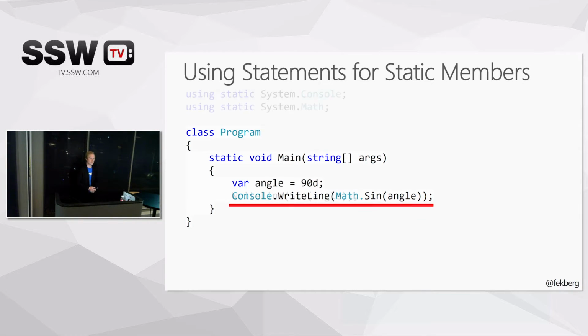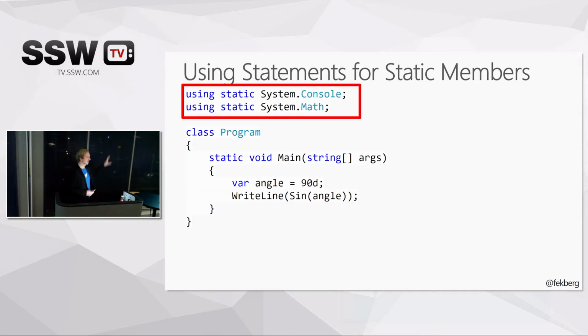So instead of doing that, we can introduce this nice new using statement that we see on the top here, saying using static methods or statics from this System.Console type, which essentially means that when the compiler compiles our application, it will look for WriteLine and Sin in the scope of this compilation, which means that it'll know that it can look inside System.Console, it can look in System.Math, and if we have this method written inside our class, it'll use that instead because it's closer.